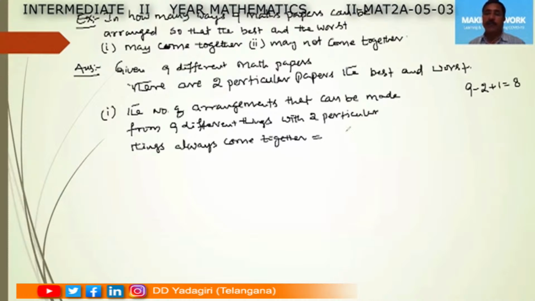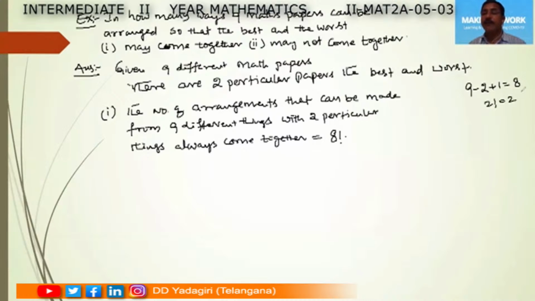So that is the first work. What is the first work? We are arranging the remaining elements by considering the 2 particular things as one. So when in the given 9 things, the 2 particular things are considered as one unit, then the remaining elements are 8. These 8 elements can be arranged in themselves in 8 factorial ways. And after arranging these 8 elements in 8 factorial ways, now the 2 particular things can also be arranged in themselves in 2 factorial different ways, that is in 2 different ways.